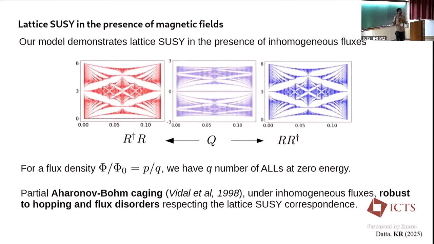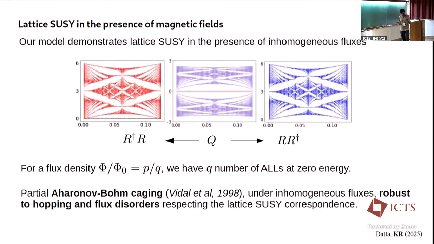That is what they termed Aharonov-Bohm caging. For us, it is a partial Aharonov-Bohm caging, so you can still construct the kind of compact localized states that we find in the presence of this magnetic field. And the trade-off is that you can realize this in inhomogeneous magnetic fluxes, okay, not just homogeneous magnetic fluxes. Again, this is mandated by the supersymmetric algebra that I just showed you.